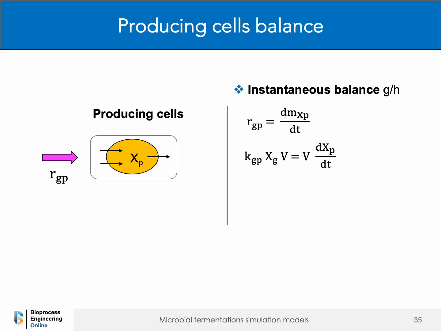Introducing the medium volume V and the specific k_gp transition rate constant, the balance relation becomes k_gp x_g V equals V dx_p over dt. Thus, the differential equation describing the time variation of the producing cell's concentration is dx_p over dt equals k_gp x_g.